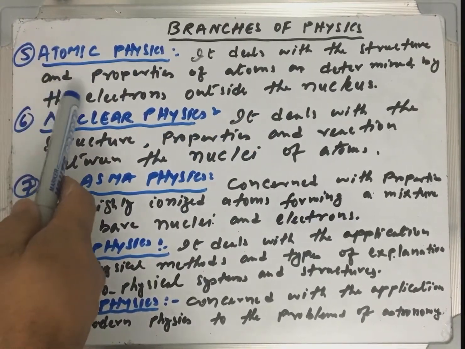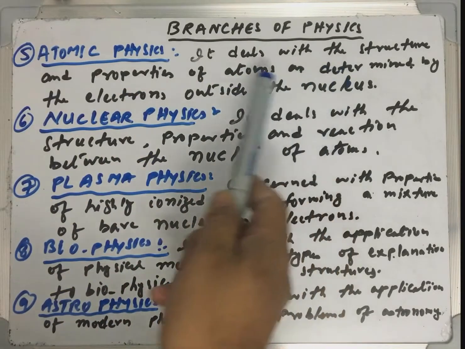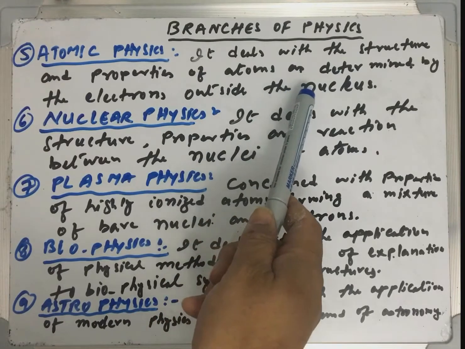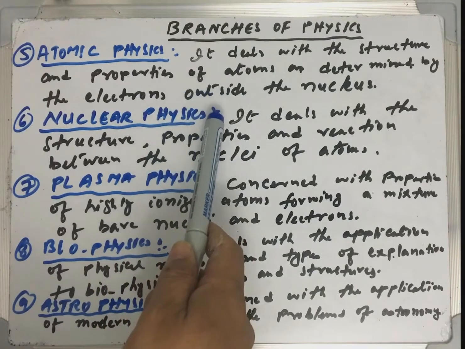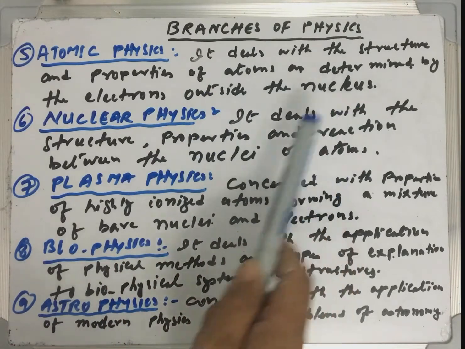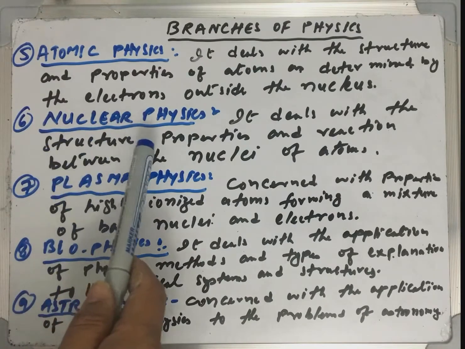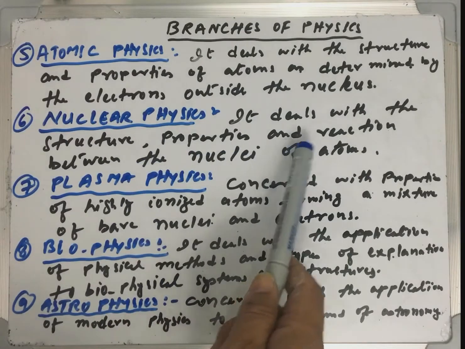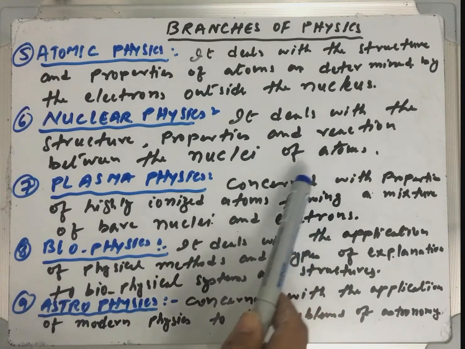Then we have atomic physics. It deals with the structure and properties of atoms as determined by the electrons outside the nucleus. Nuclear physics deals with the structure, properties, and reactions between the nuclei of atoms.